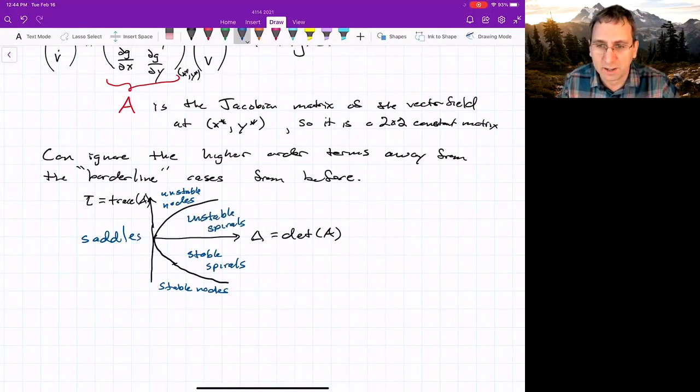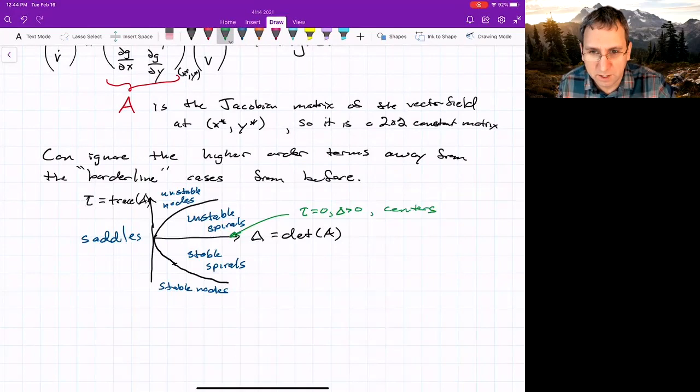Borderline cases are like these stars and degenerate nodes, or the non-isolated fixed points. Probably the most common borderline case is along here, when we have tau equals 0 and delta is positive. Those are centers. We'll talk about those today. So anything on the borderline means you're on one of the lines.